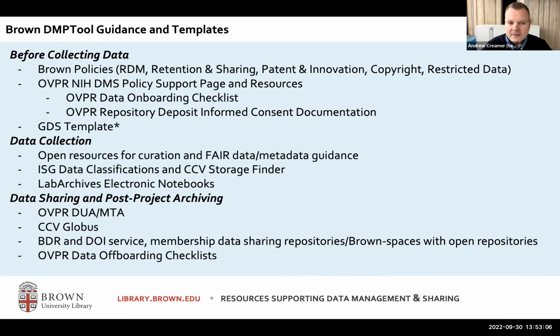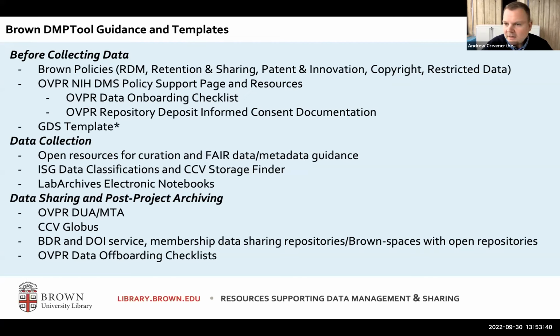Some are open resources that help with curation of data and things focused on FAIR data principles and metadata guidance. We have some other colleagues on campus, with links to, for example, the information security group's data classifications. The CCV has developed a great new storage finder based on one at Cornell, where you can link out to specific data storage options based on classification level and other needs.